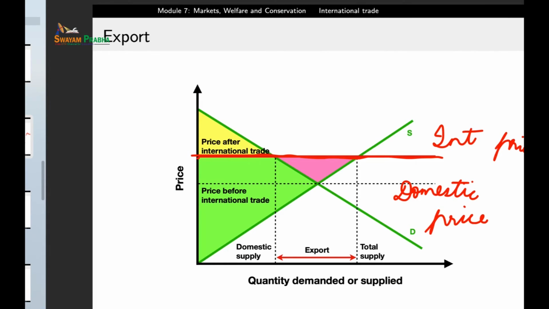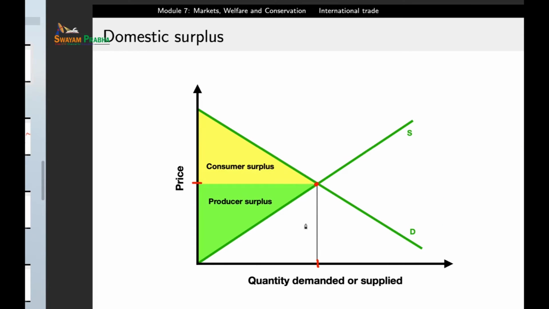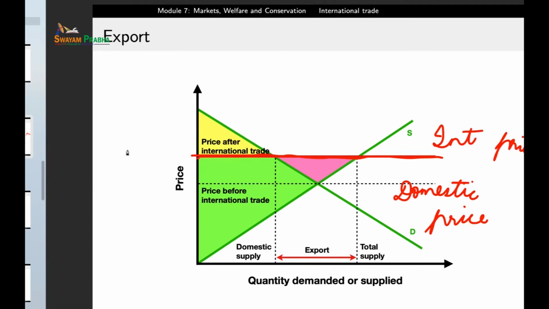Now, the amount of supply earlier was given by this line. So, this is telling us the quantity that is demanded or supplied. Now, in the case of international trade, the domestic supply will be given by this point. This is the point where the demand curve is intersecting with the price curve.